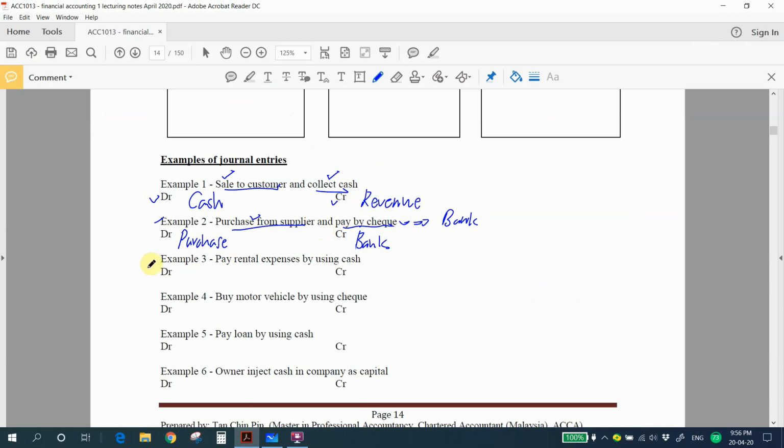Next, the next one: we pay rental expenses by using cash. So let's identify which accounts will be involved in this entry. We know we have rental expenses and we have cash. These are the two accounts involved in this transaction.